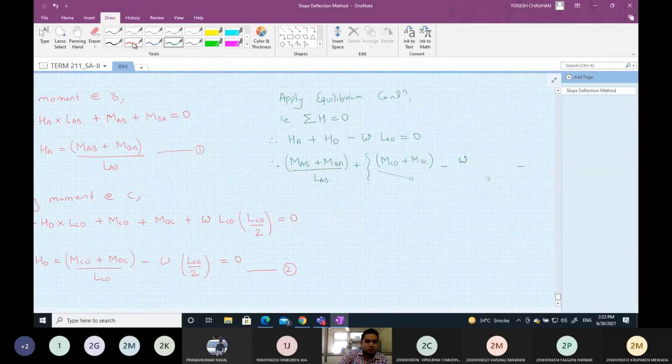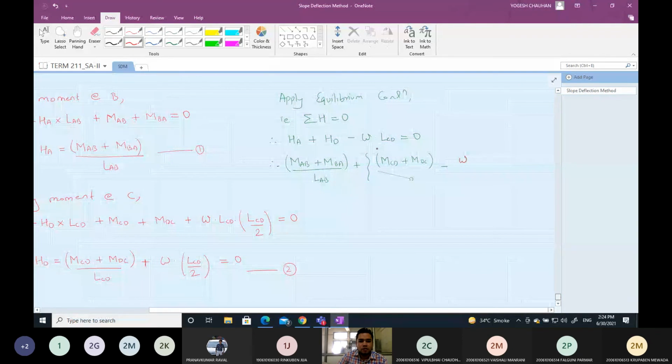So this will be a positive moment. It is plus WLCD by 2 minus WLCD, so it will be minus WLCD by 2, equal to 0.